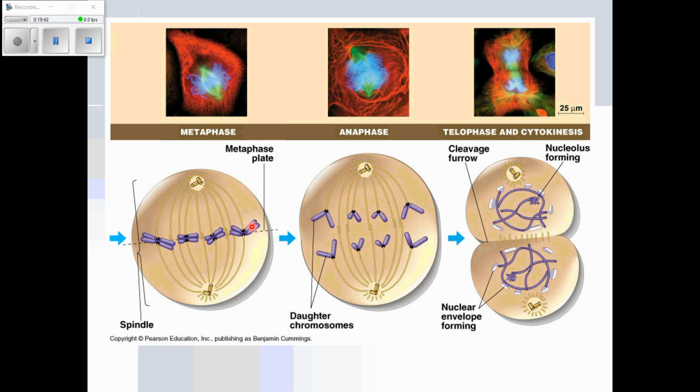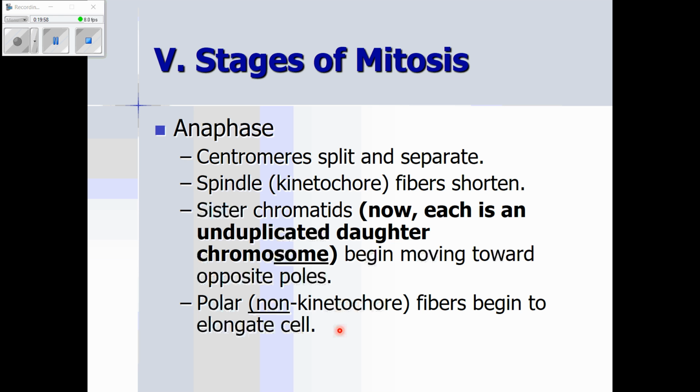Well, as soon as they split apart, as soon as this one starts being pulled this way and the other copy starts being pulled the other way, we don't call them sister chromatids anymore. We call them daughter chromosomes. The name changes to daughter chromosomes.